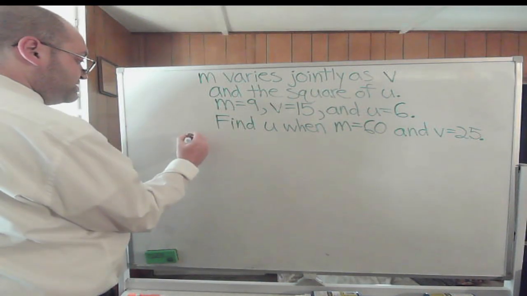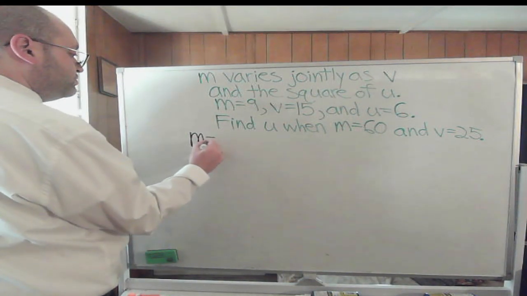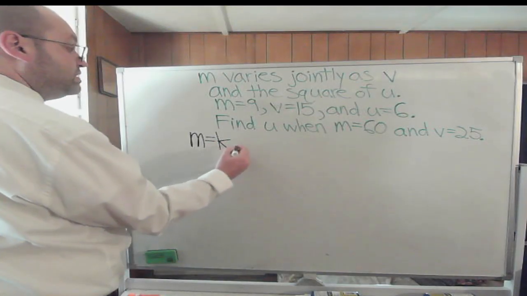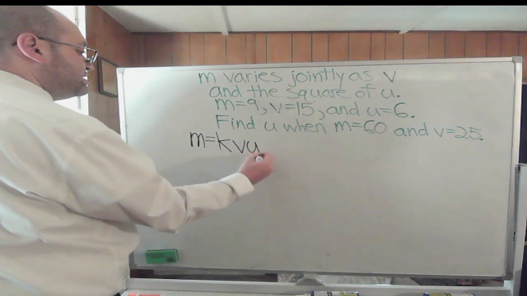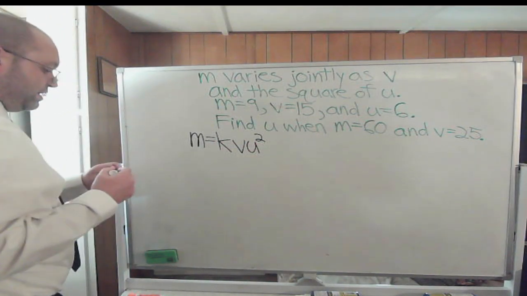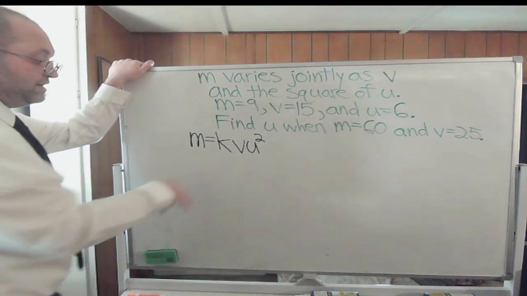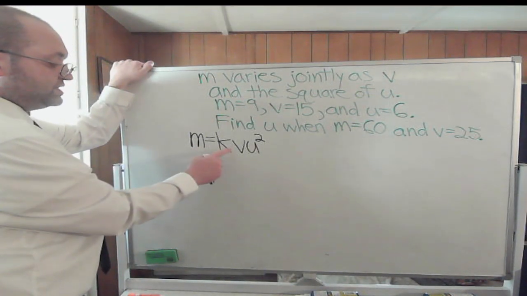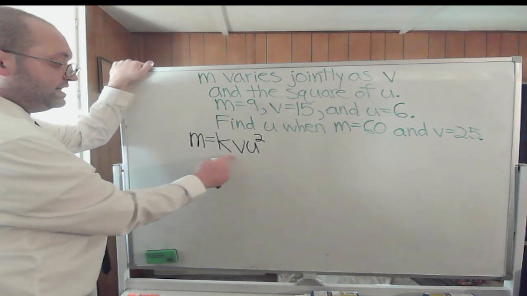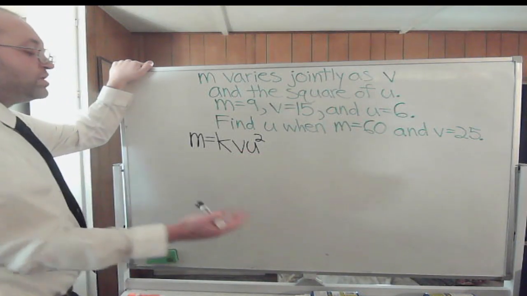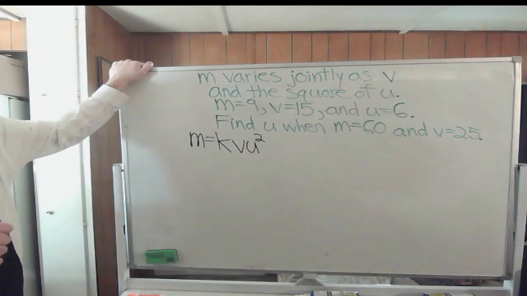So what you're going to do is set up your equation. M equals that constant of variation times v times the square of u, which is u squared. So now you have set up your equation: M equals that constant of variation k times vu squared. Well, first thing we have to do is solve for the constant of variation.